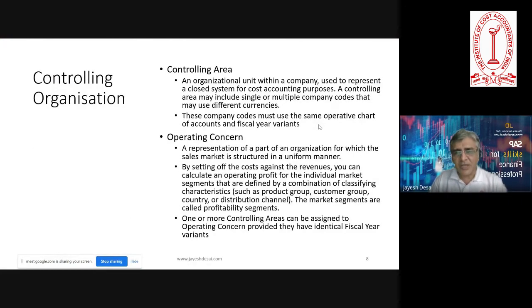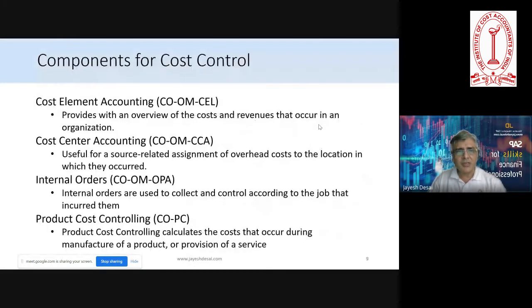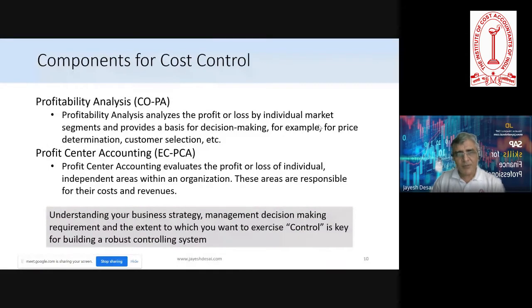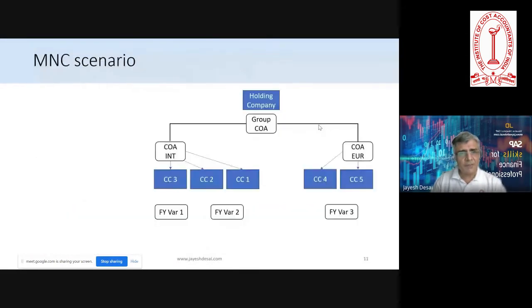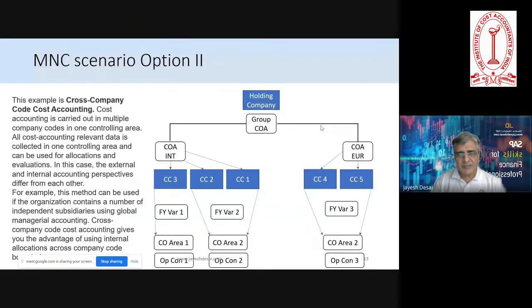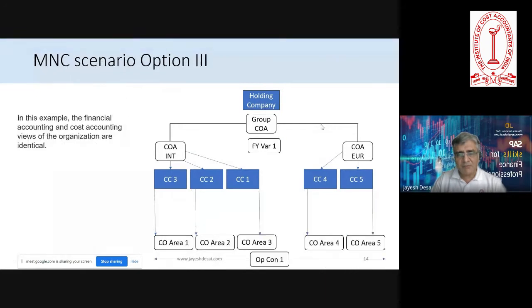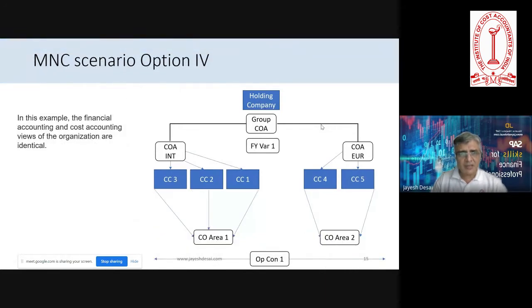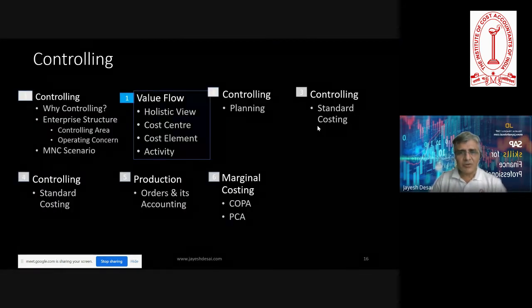We looked at the controlling area and operating concern, some of the rules, and the components for cost control within the controlling module: the cost element accounting, cost center, internal orders, product cost controlling, profitability analysis, and profit center accounting. Then we looked at some MNC scenarios on how we can design the enterprise structure considering controlling area, operating concern, fiscal year variant, and chart of accounts.